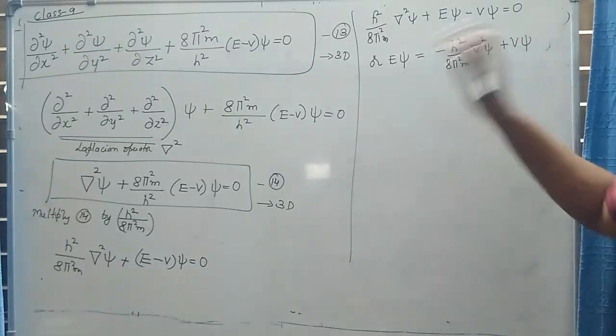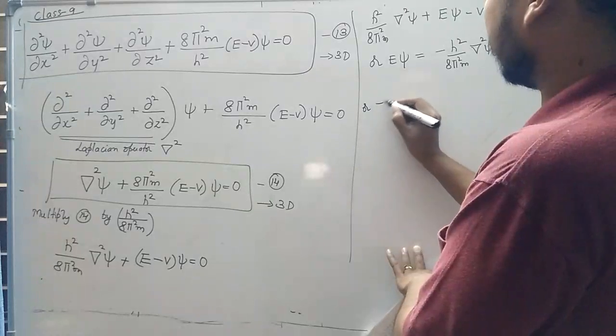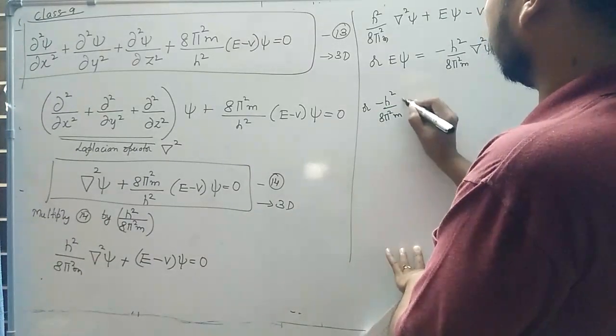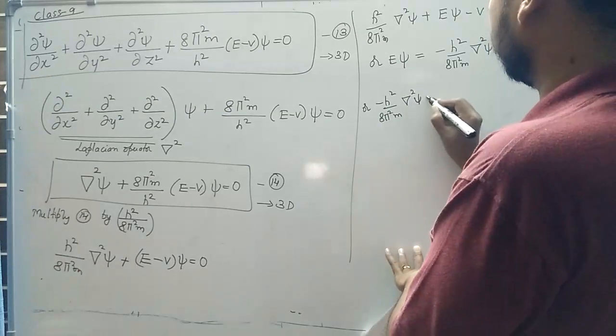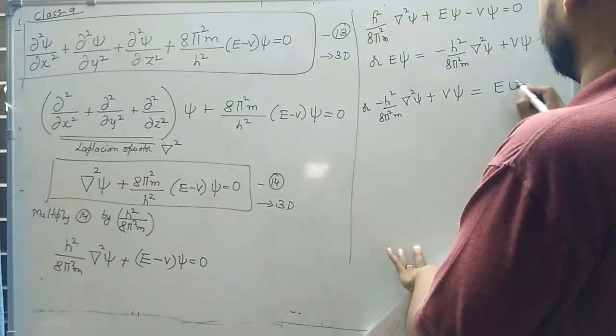I will just interchange the RHS and LHS of this equation. It becomes minus h square divided by 8 pi square m into del square psi plus V into psi is equal to E into psi.